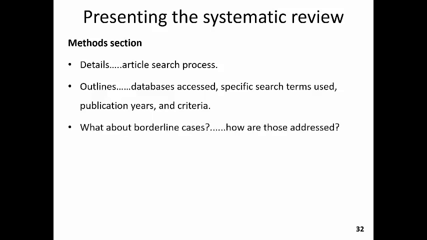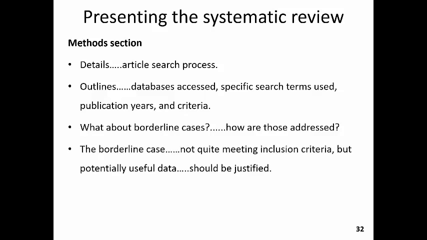as well as detailing the criteria? A very important element to the systematic review are what are called borderline cases, and those are research studies that might be very close to being excluded with respect to exclusion criteria, but possess other elements that would justify inclusion. Oftentimes that is determined as the researchers pore through the research papers, and as those decisions are made, they should be documented and included in the methods section.